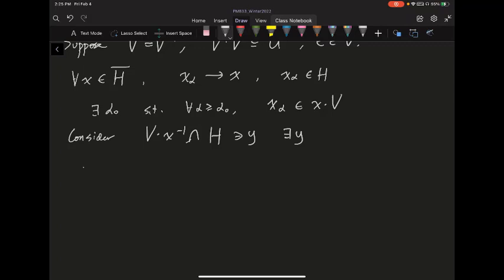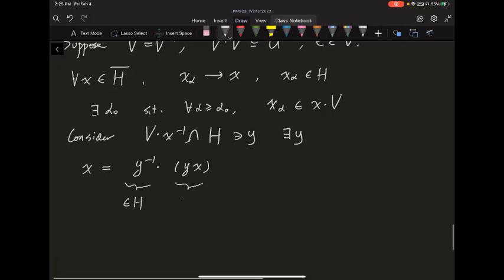So now let's break x into two parts. First of all, I can write x as x inverse times y inverse times y times x. Why do I do that? Well, the first part, y inverse, we know is inside H because y is inside H. And what about the second part?